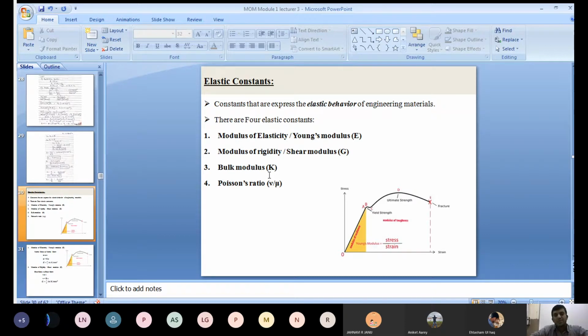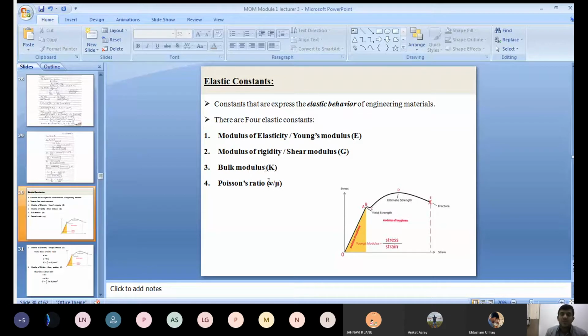If your component is subjected to three mutually perpendicular normal stresses of the same magnitude, sigma acting along the x axis, along the y axis, and along the z axis, those stresses are called spherical stress or bulk stress. Once spherical stress acts on the body, it changes its volume equally, and we get volumetric strain. The ratio of spherical stress to volumetric strain is called the bulk modulus.